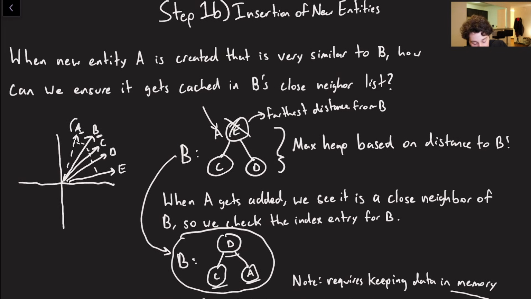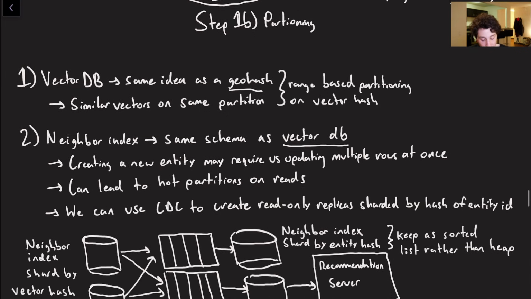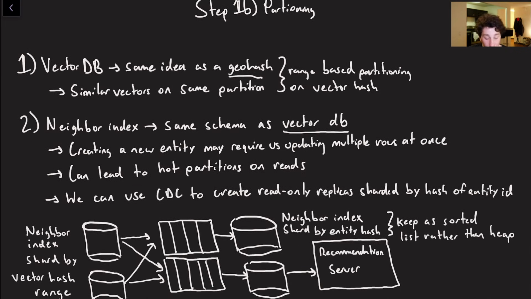Going back over here, let's remind ourselves that we insert vector A, and it's possible that it's really, really close to B, C, and D. Now we want to notice that A is going to be in all of their neighbor indexes, so we have to update multiple different vectors at once. If these are all on different partitions, that could be pretty slow because we have to write to multiple different places. We may even have to use a two-phase commit. But if they're on the same partition, we can use a single atomic write to that partition. So it definitely does benefit us to have that.